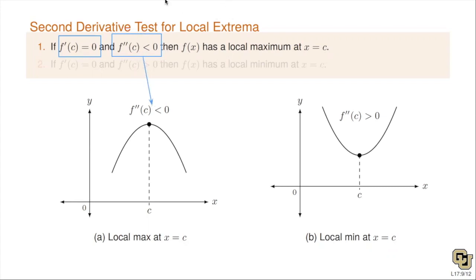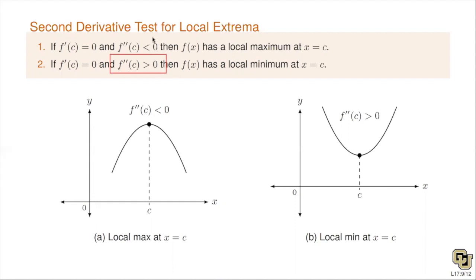So we'll end up with a local max when it's concave down. And for the opposite case, if f prime c equals 0 and the second derivative is positive, that means the graph is concave up. If the graph is concave up, then we have a local min here at the bottom.